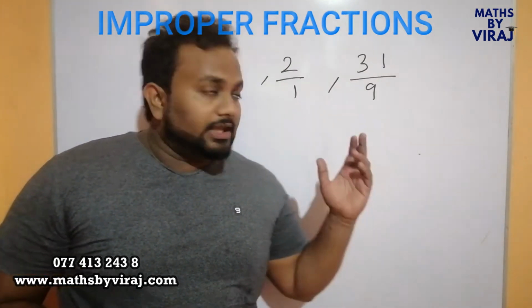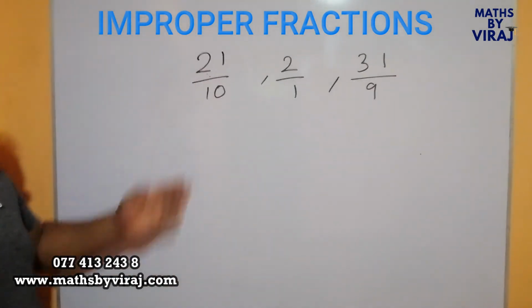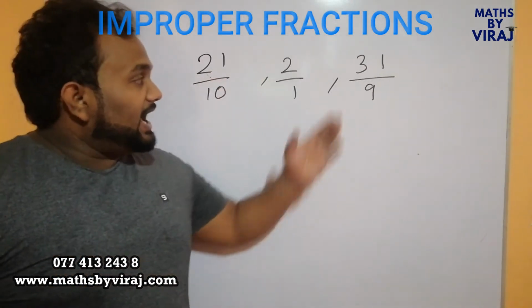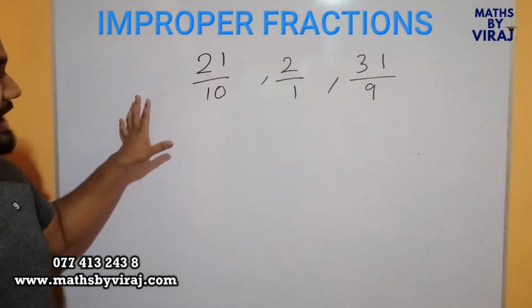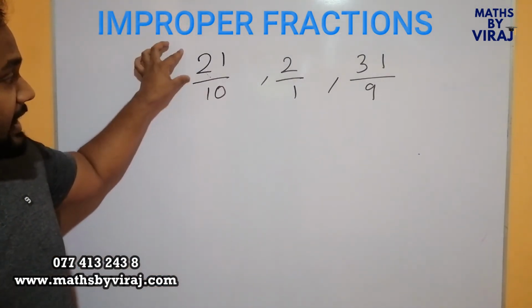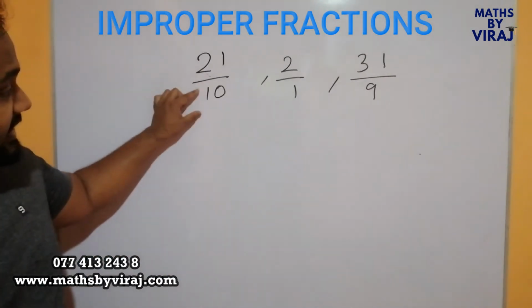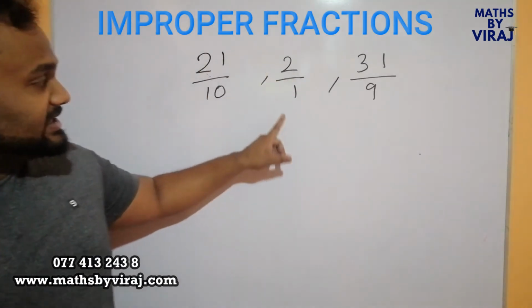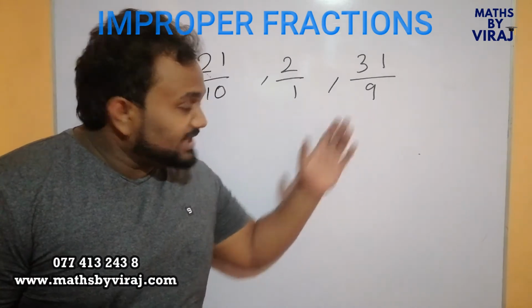Children, again, if you look at the board, I have another three more fractions: 21/10, 2/1 and 31/9. Now you see that in this, the numerator is larger than the denominator. 21 is larger than that of the denominator. 2 is larger than that of the denominator. 31 is larger than that of the denominator, which is 9.